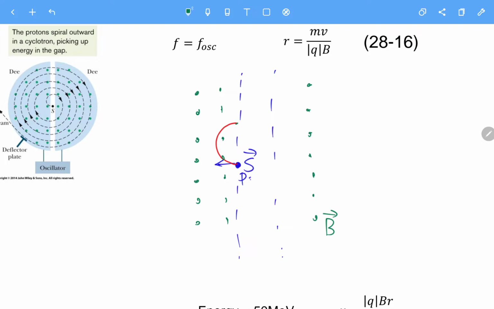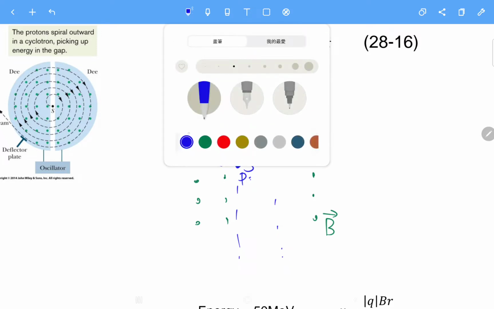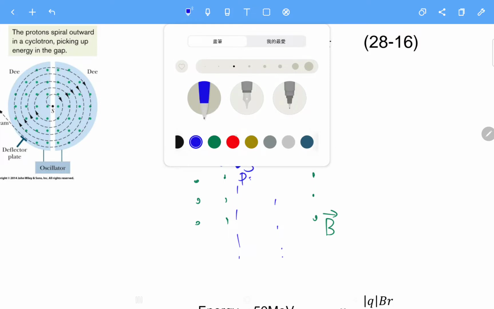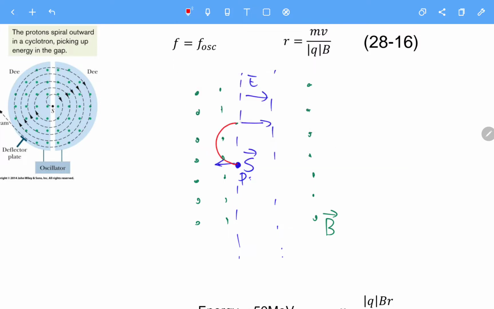And here we assume the E field is pointing to the right side. In that case, for this gap, there is no B field, so there will be no magnetic force. So the charged particle will go this way.